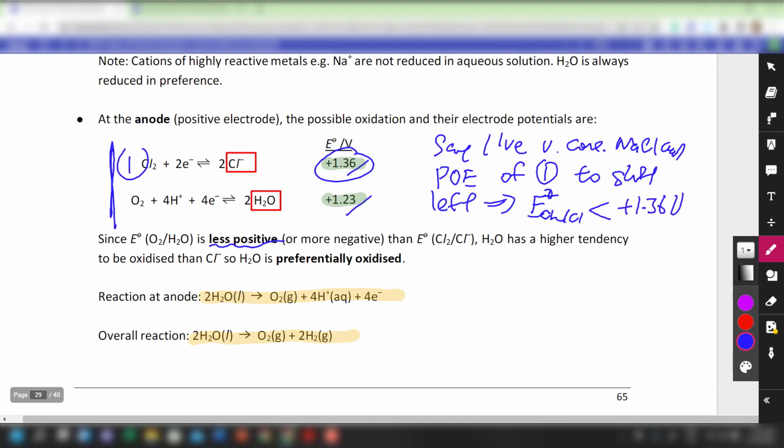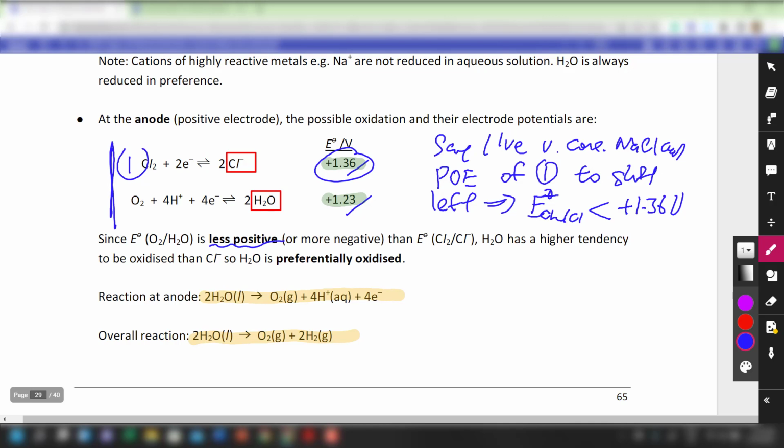Because the reduction potential for chlorine/chloride is very near that of oxygen/water, it is highly possible that the value can drop below that of oxygen/water by using concentration alone.